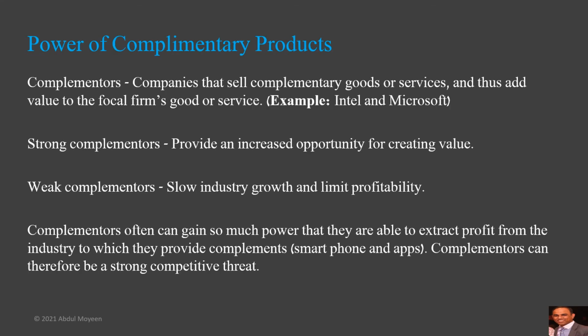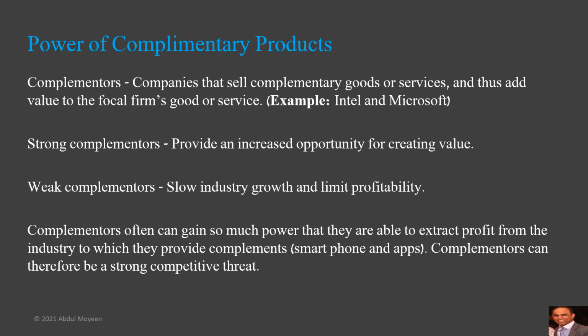So the last force that affects industry profitability and competitiveness is called complementers. Complementers are companies that sell complementary goods or services and thus add value to focal firms' goods or services. Examples include Intel and Microsoft, iPhone and app developers.